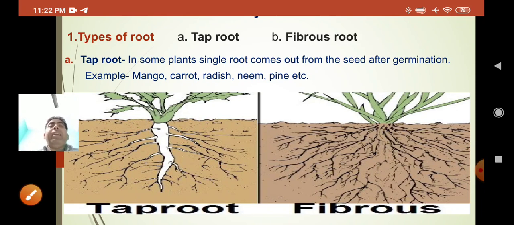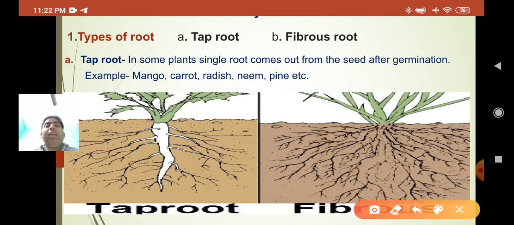In which type of plant is it found? Mango. Everyone has seen the mango plant, but you have not seen what type of root is there downside. Carrot also has a tap root. Upside you will see it is thicker, and as you go downside it is thinner.